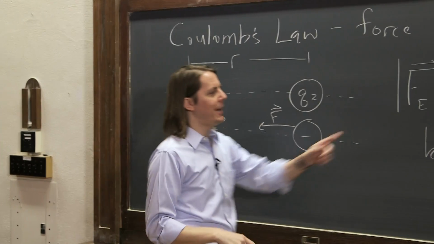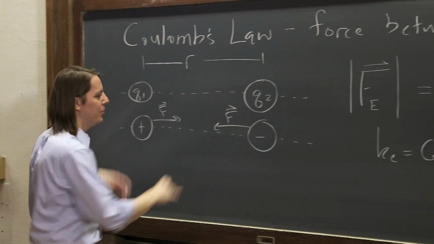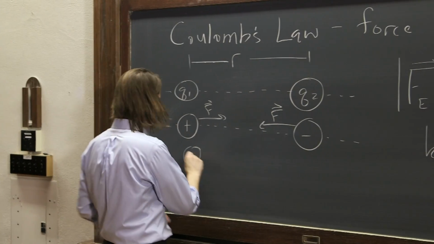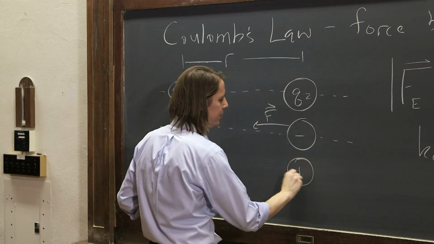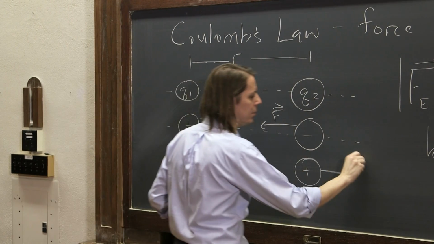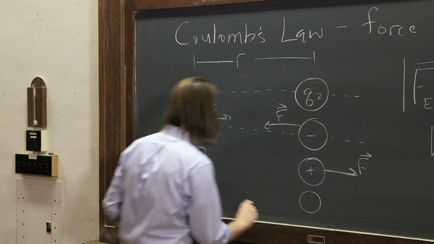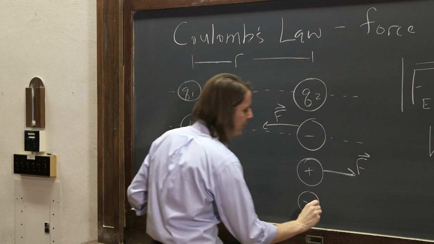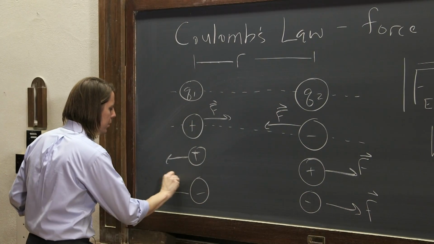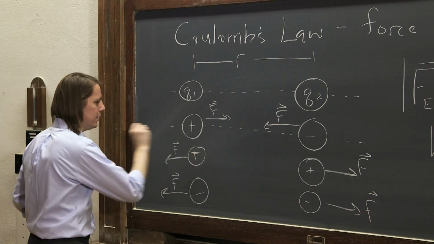This would give you the magnitude, but you would have to rely on this knowledge to get the direction. If the charge is the same, a positive charge here and a positive charge here, then the force is repulsive. And again, even if the charges are both negative, the force is repulsive. It ain't fiction, it's a natural fact.